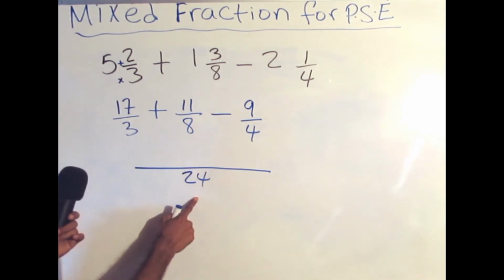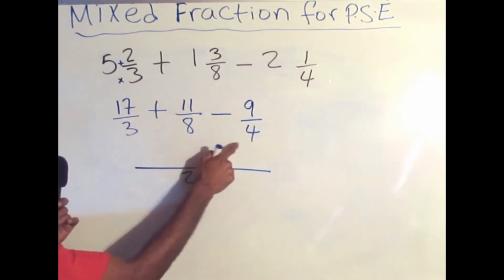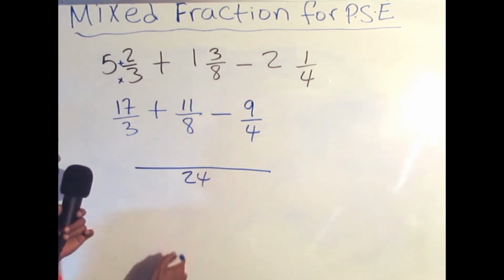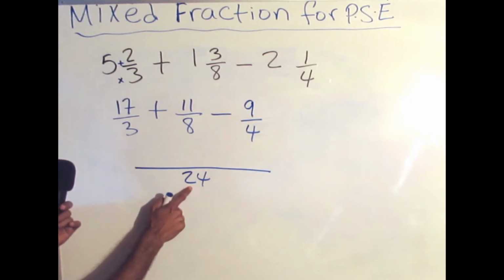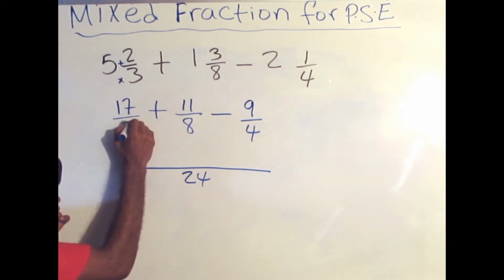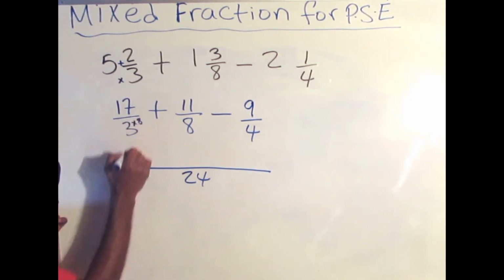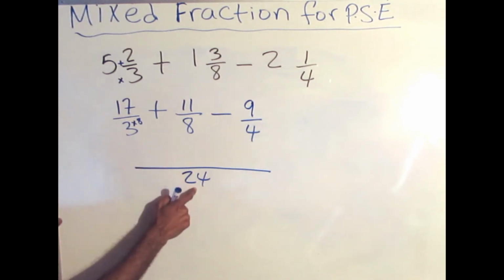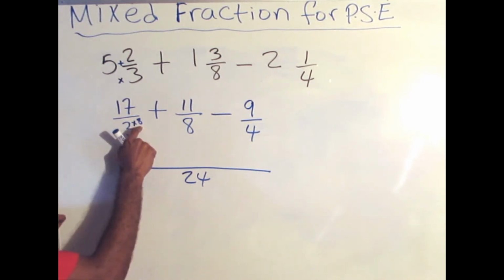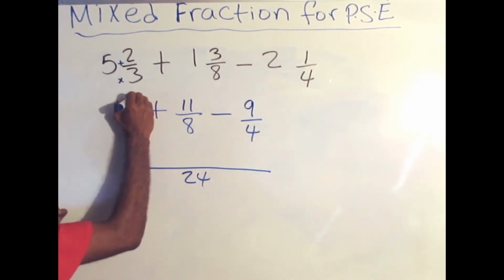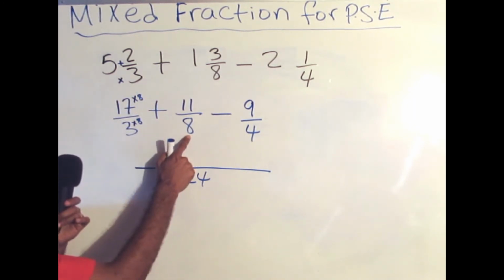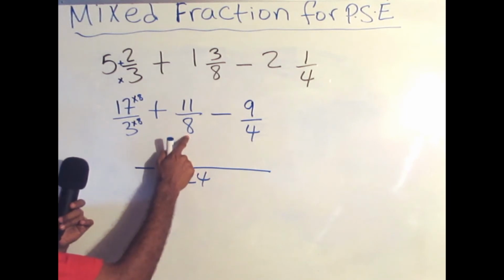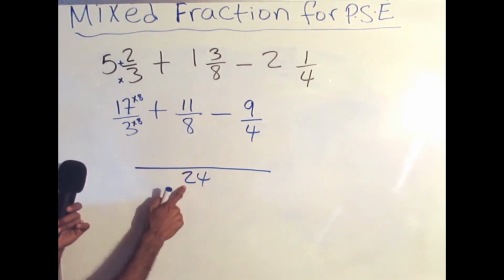After I get my LCM of these three denominators, I ask myself, what can I multiply 3 by to get 24? It's 3 times 8. So I carry up the times 8 after the 17. Now I come to the 8 and ask myself, what can I multiply 8 by to get 24?